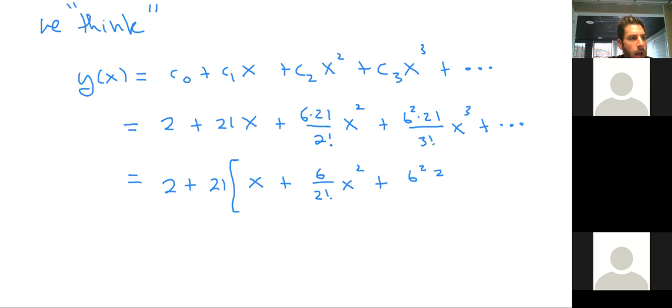I'm trying to go slow here. So this is 6 squared over 3 factorial times x cubed, etc. And then I say to myself, I can do more than this if I wanted, because every one of these guys has an x in it. So why don't I factor that out?